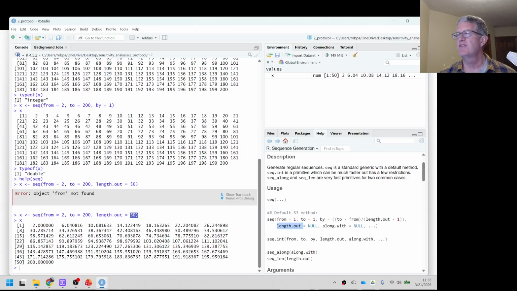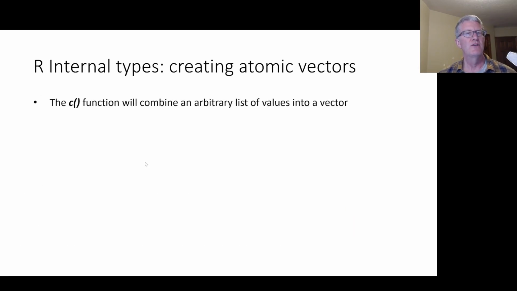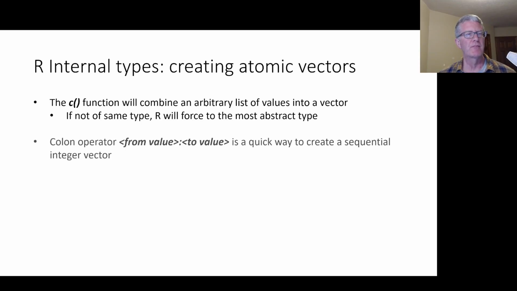So that gives us 3 quick ways to create atomic vectors. I can use the c function to create an arbitrary atomic vector just based on a list of values that I give it. Note if they are not the same type, R is going to force to the most abstract type, and I'll give you an example of that in a little bit.